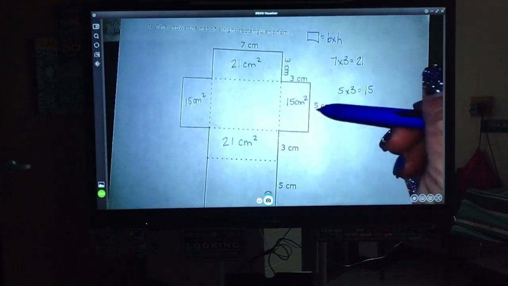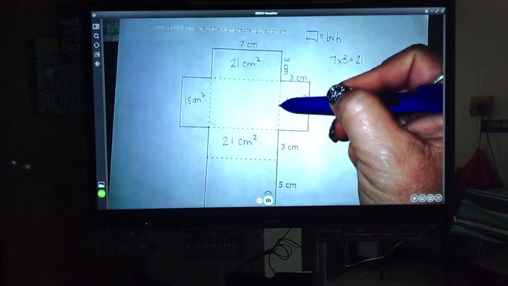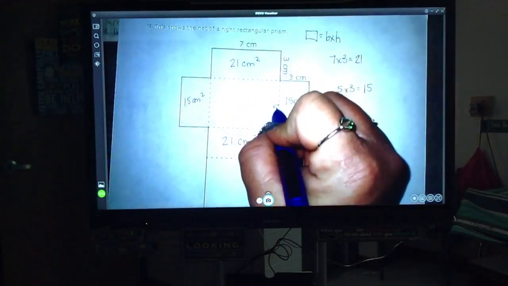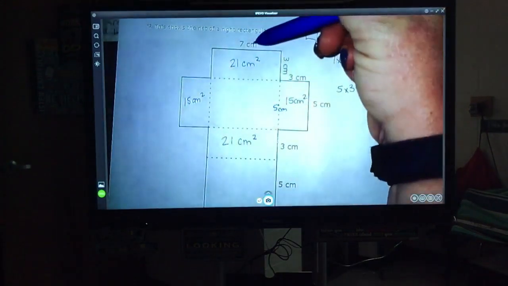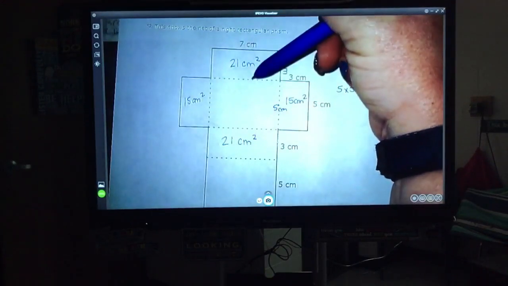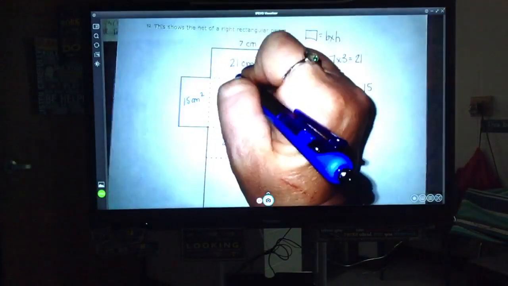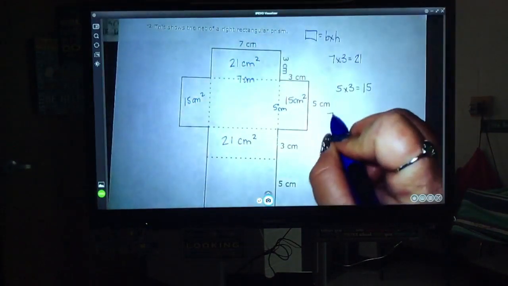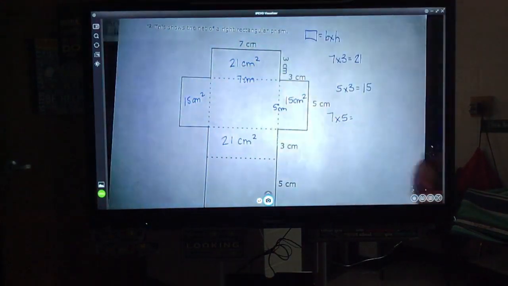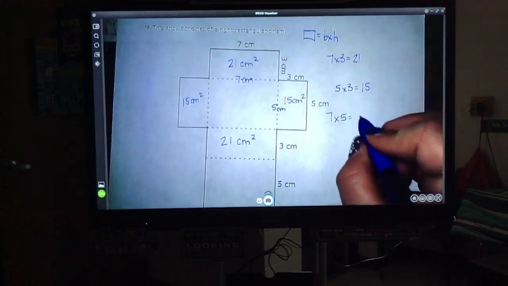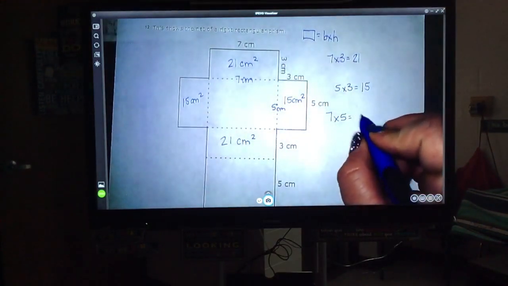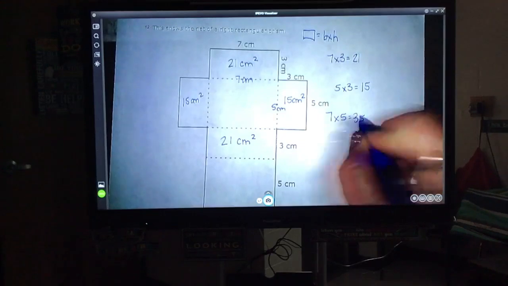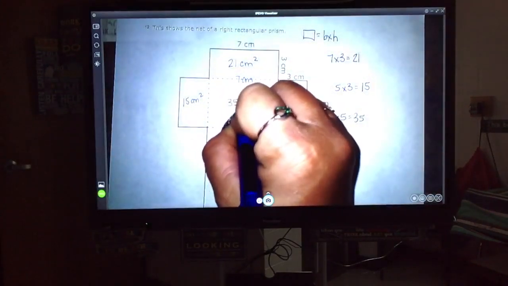So Noah, if this side is 5, what do I know about this side? It's going to be 5. All right. And then Noah, if this side is 7, what do I know about this side? It's going to be 7 also. So then for this middle rectangle, I'm going to do 7 times 5. And what does that give me? Delilah? 35. So 35 centimeters squared.